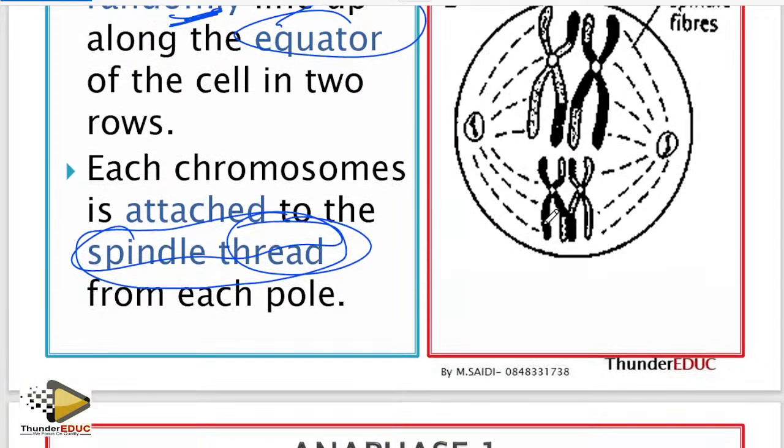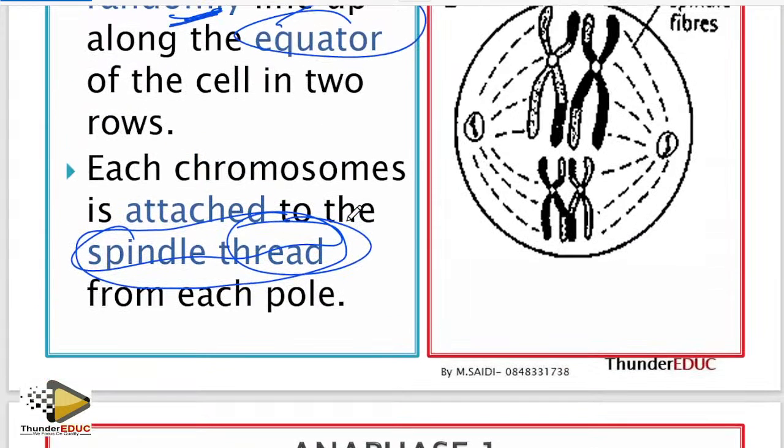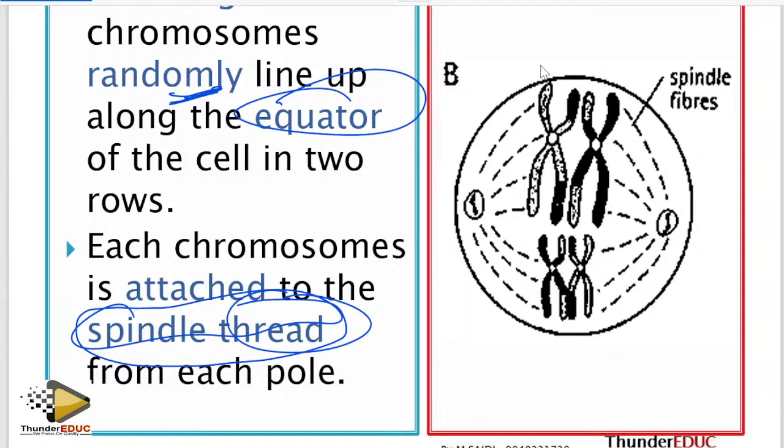Yes. So now basically that is what is happening there. From there, we experience the next phase, the phase of anaphase. Now, the chromosomes, once they align themselves along the equator in two rows, the homologous ones are supposed to be together.